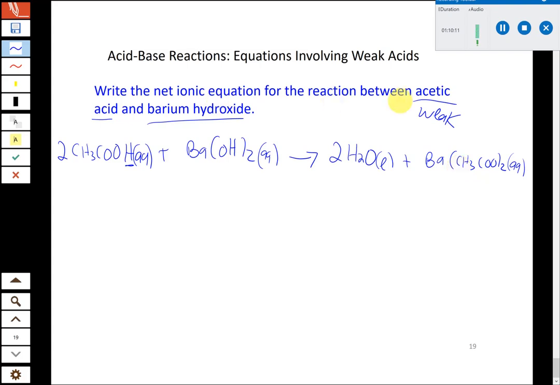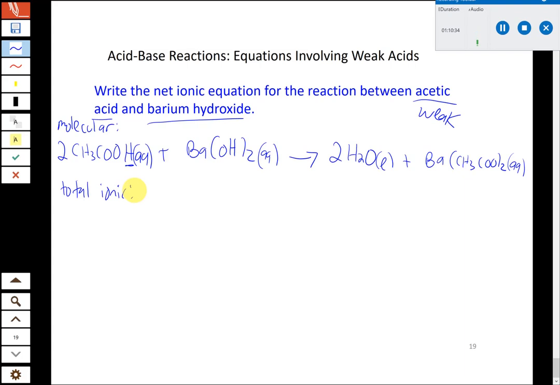And then again, to get to net ionic, what's sometimes helpful to do is to write the total ionic equation. And so this is the molecular equation that we started with. Now we're going to write the total ionic equation, which again involves separating the appropriate species into cations and anions.